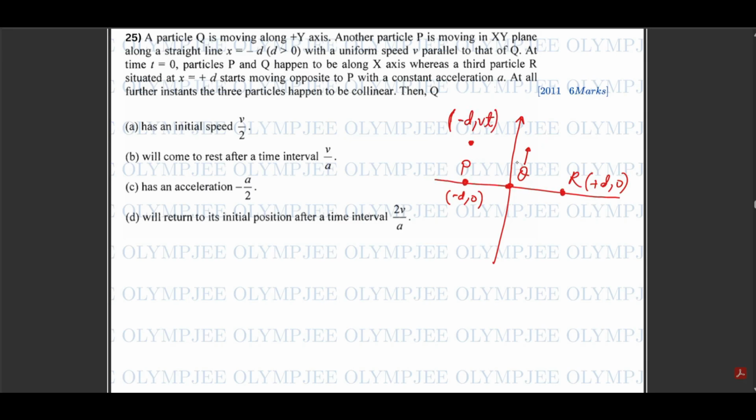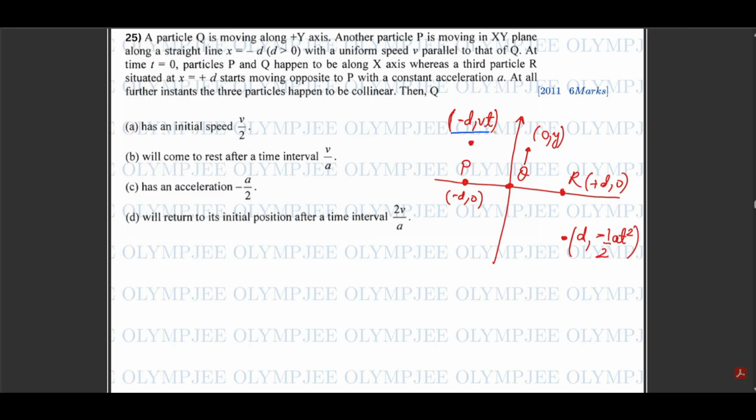Since we do not know the speed or acceleration of q, we can assume it to be 0 comma y, since it is moving along plus y. And r is moving in the minus y direction with constant acceleration a. So this can be given as d comma minus half at square.